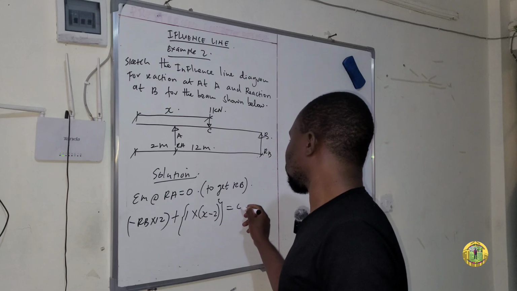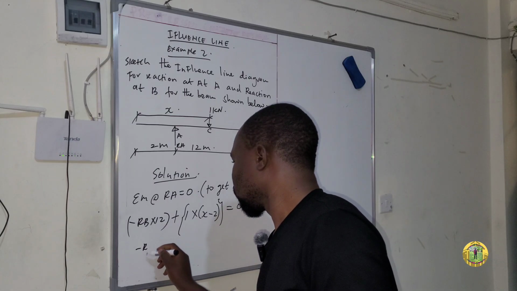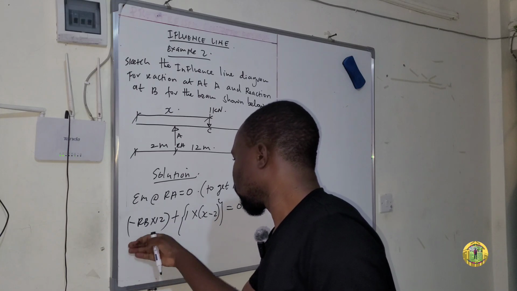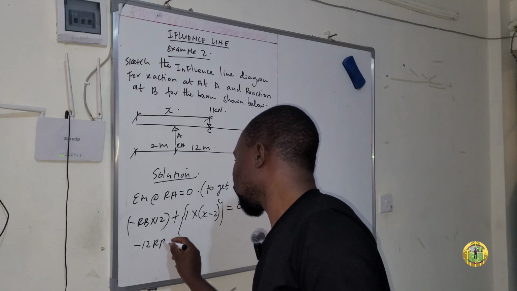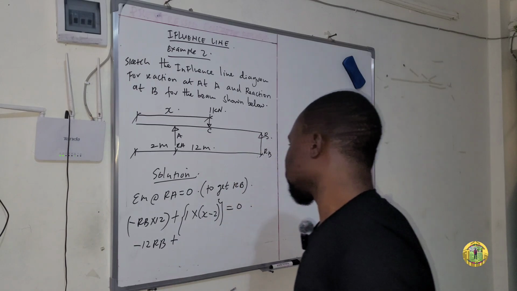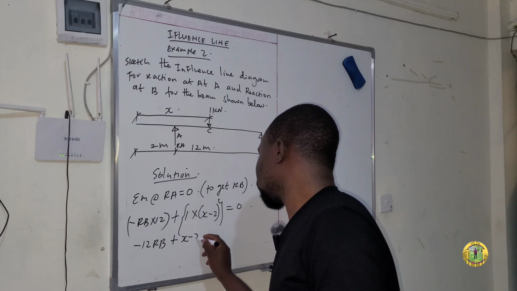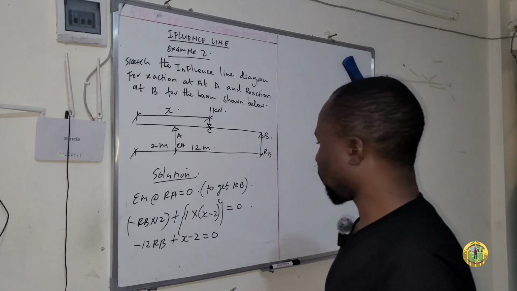So this one is equal to 0. Minus 12 RB. You can now open the bracket. Minus 12 RB plus (x minus 2) is equal to 0.